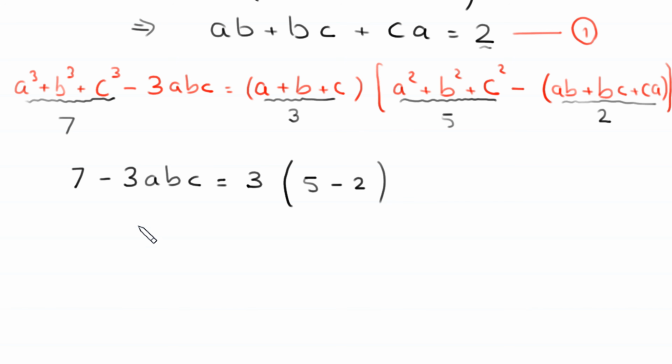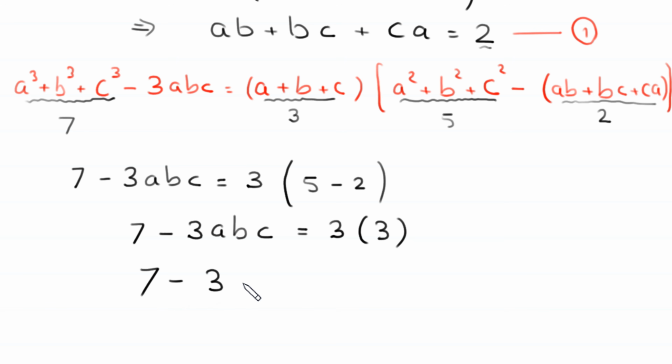Further simplifying, 5 minus 2 becomes 3, and 3 times 3 is 9.